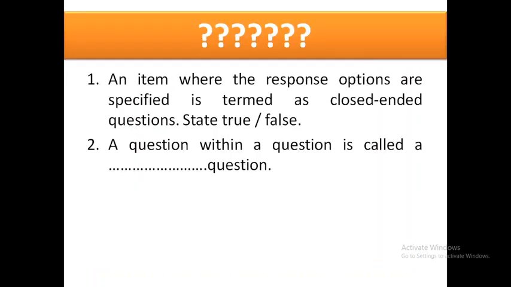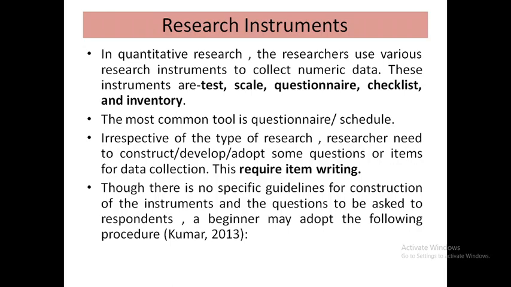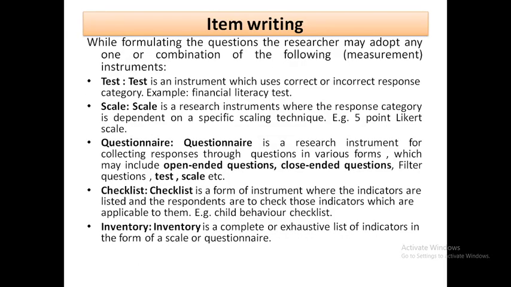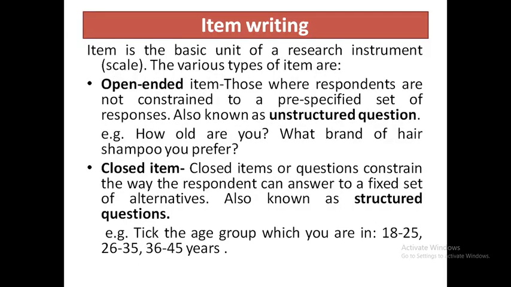Till now, we have discussed various types of items and measurement that can be used for collecting data. I have covered two types of item already: open-ended items and close-ended items.